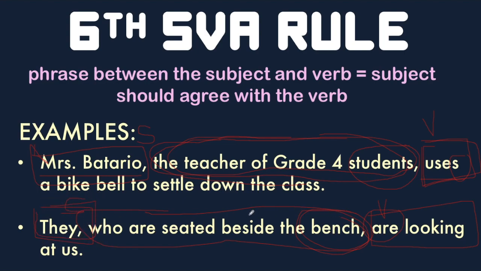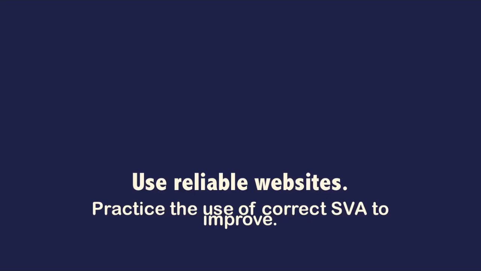Alright? Again, don't be confused with the phrase between the subject and the verb because this is an agreement between a subject and a verb. Alright? I hope you got that. If you want to study the other 16 rules, definitely you can.